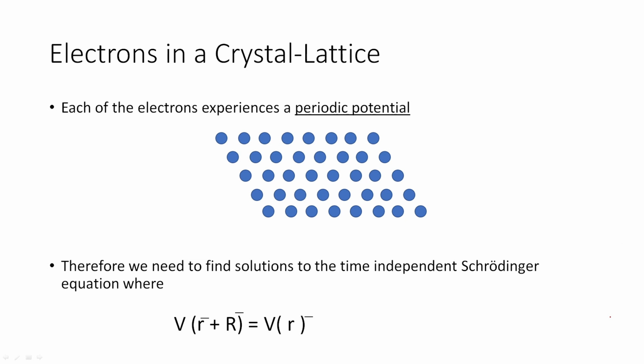As you know, a crystal lattice consists of a large number of atoms, and each atom is present as a core. So each electron experiences a periodic potential. Why? Because you can clearly see atoms are arranged periodically in a crystal lattice. As the electron moves, it sees a periodic potential like this.